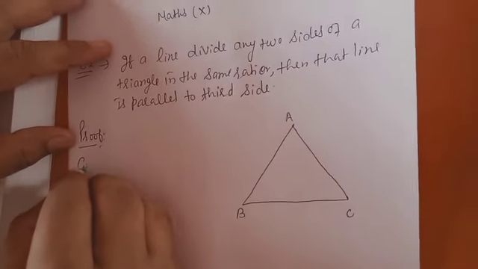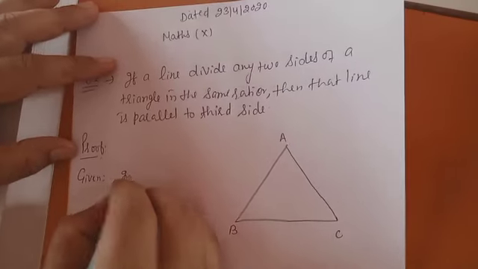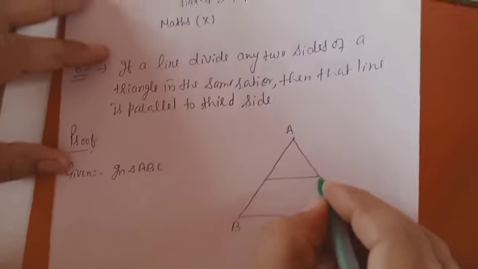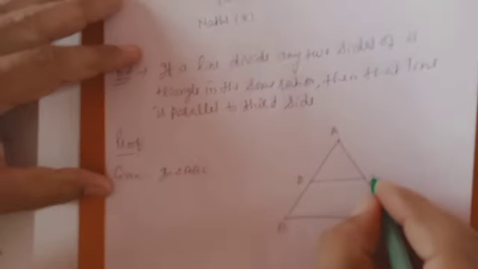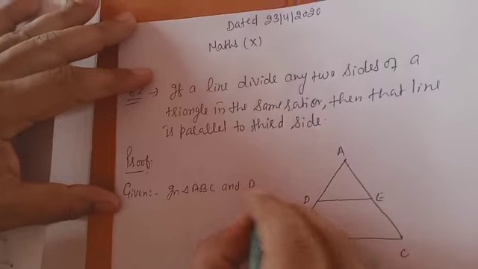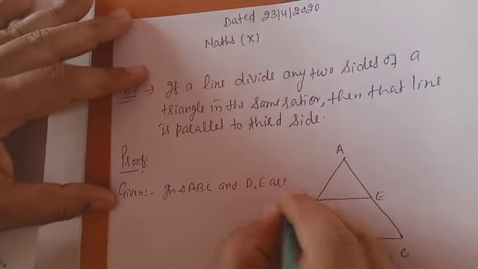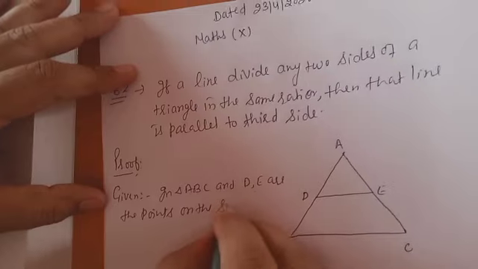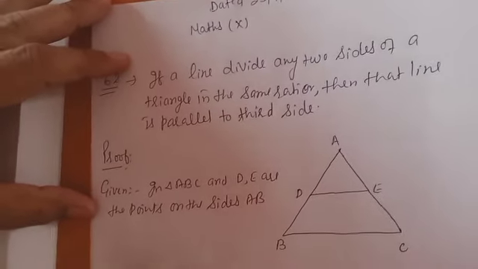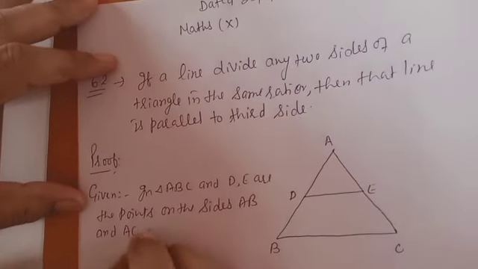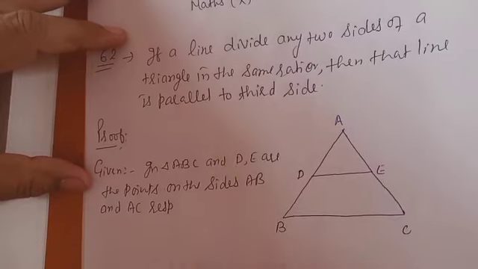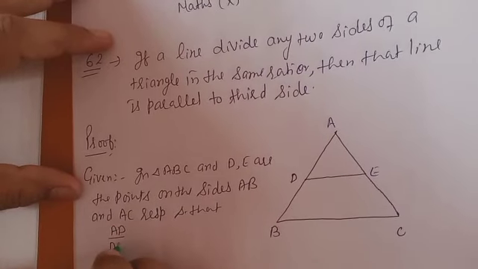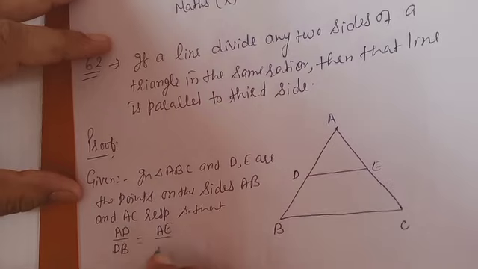So given, right: in triangle ABC, D and E are the points on the sides AB and AC respectively, such that AD by DB is equal to AE by EC.